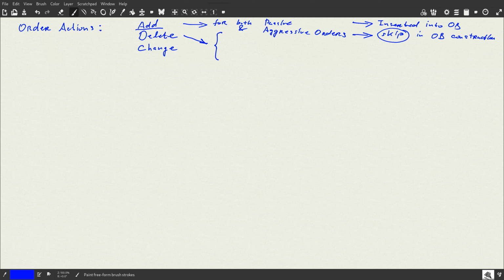Well, okay. Delete, first of all, means really cancellation by the user. That's completely normal. Obviously, if you entered an aggressive order in the system, then you cannot cancel it. You can only cancel a passive order.